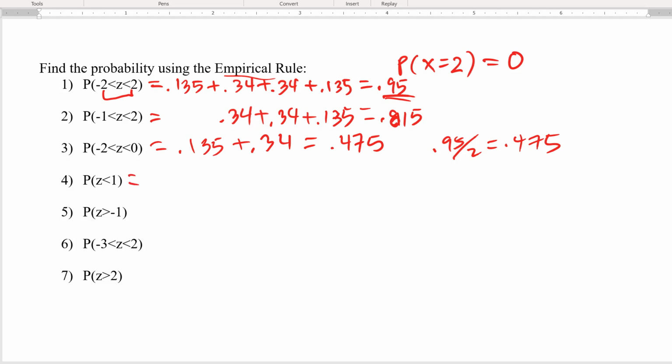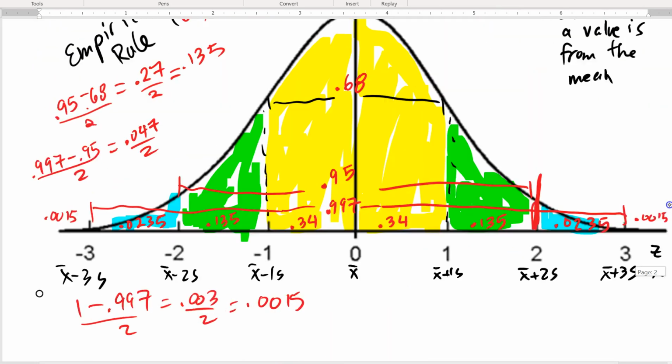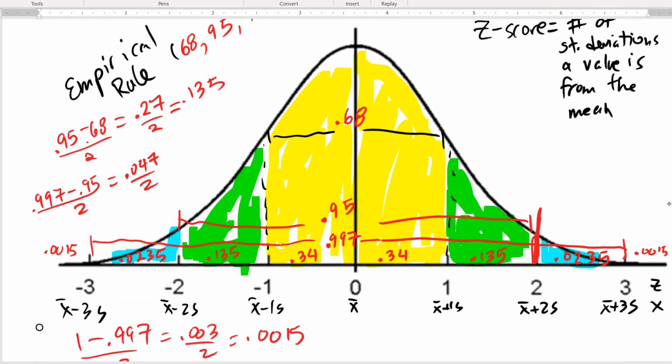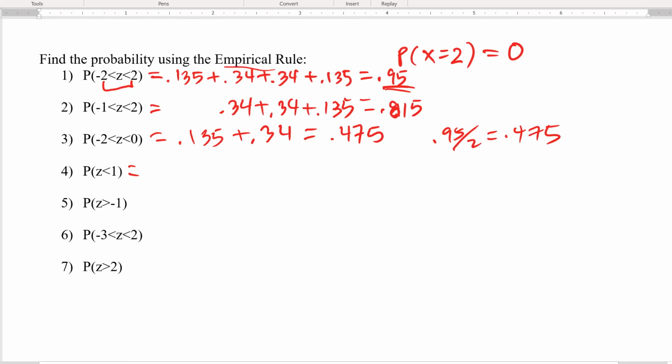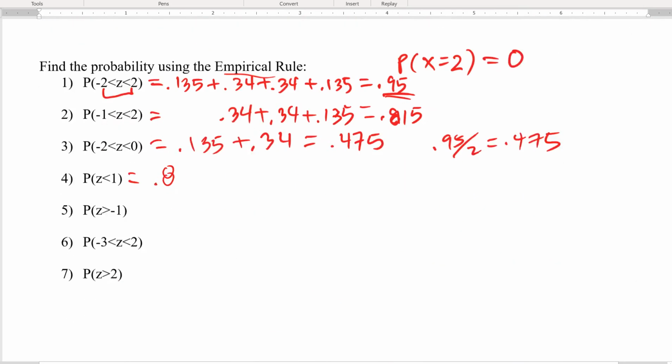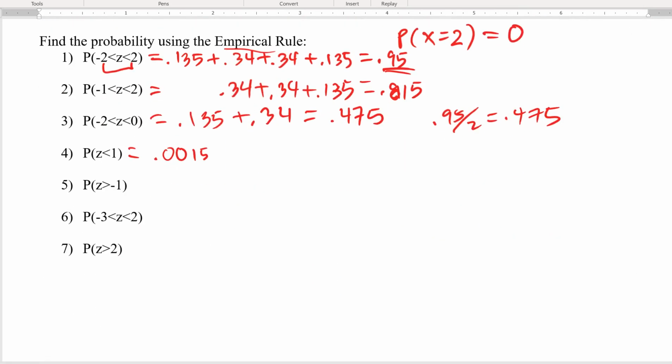Less than 1. Now what this is doing is this is saying start at 1 and go less than, go to the left. So all of those values. So I could take this 0.34, 0.34, 0.135 and add all of them to the left of that. So that would be, what's the first one? 0.0015 plus 0.0235.